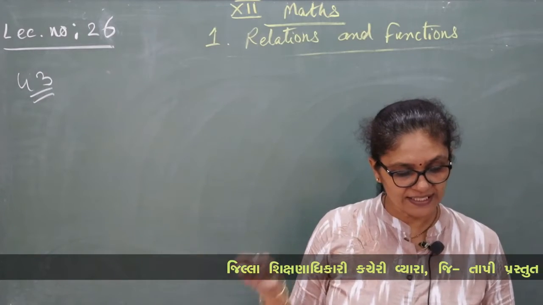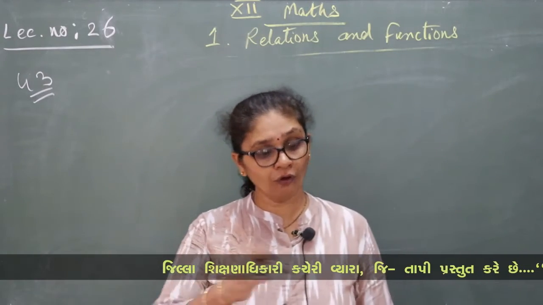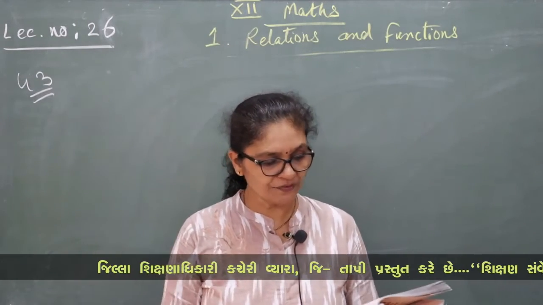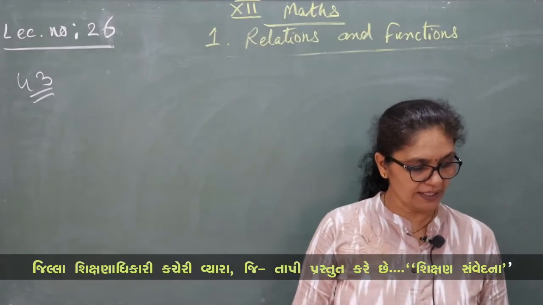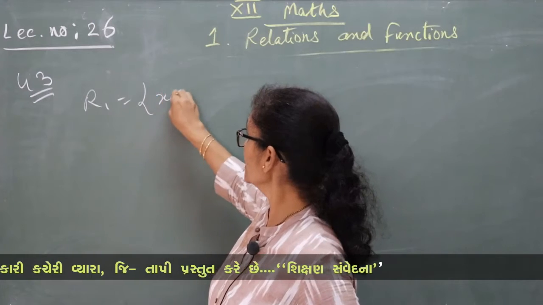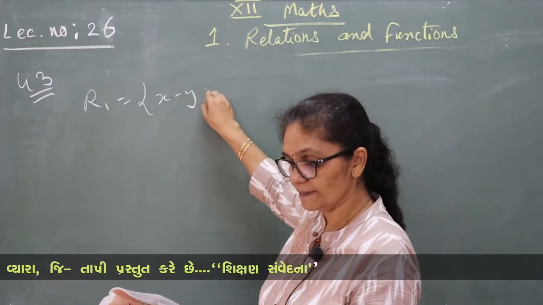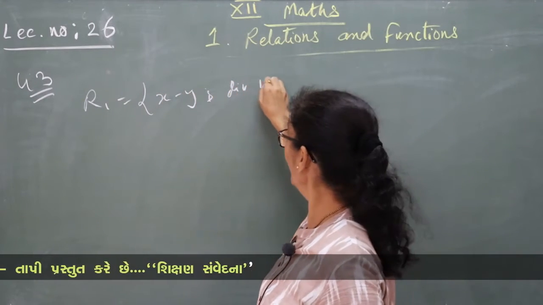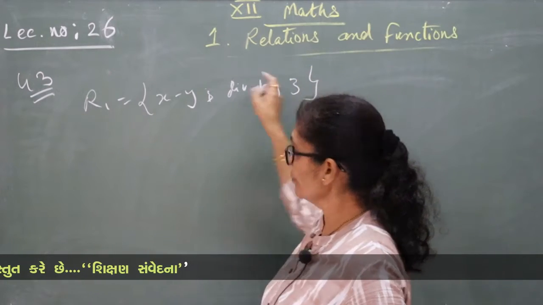We are given a set X from 1 to 9. Now what is the first relation R1? I am just writing the relation only: x minus y is divisible by 3, our first relation.